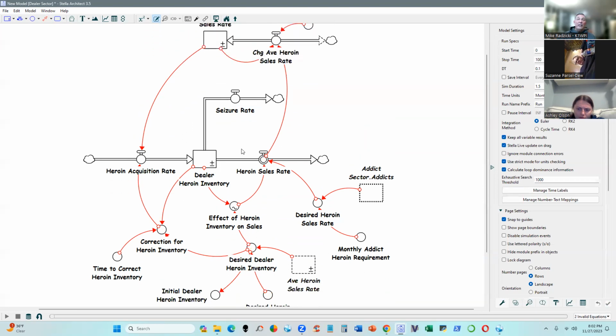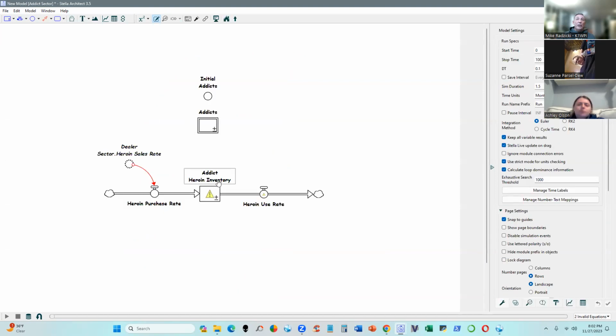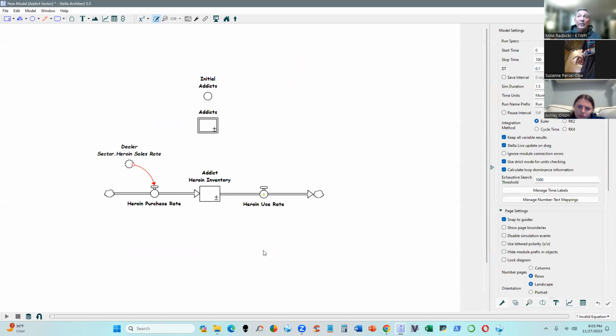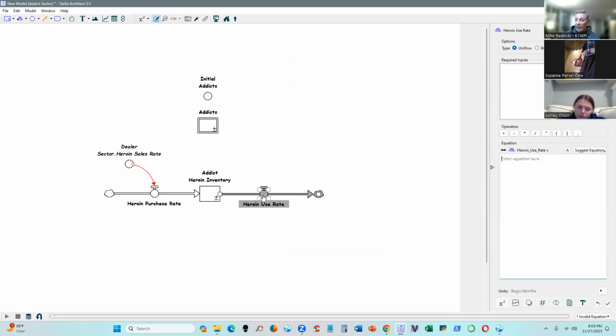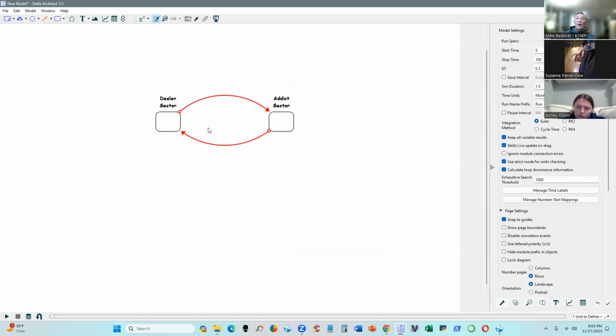Okay, I don't see any issues here. What do we got? There's still an issue here. We could say there should be a desired inventory here. Let's just make it 0 for the moment. Now everything is cool. We can run the thing now.